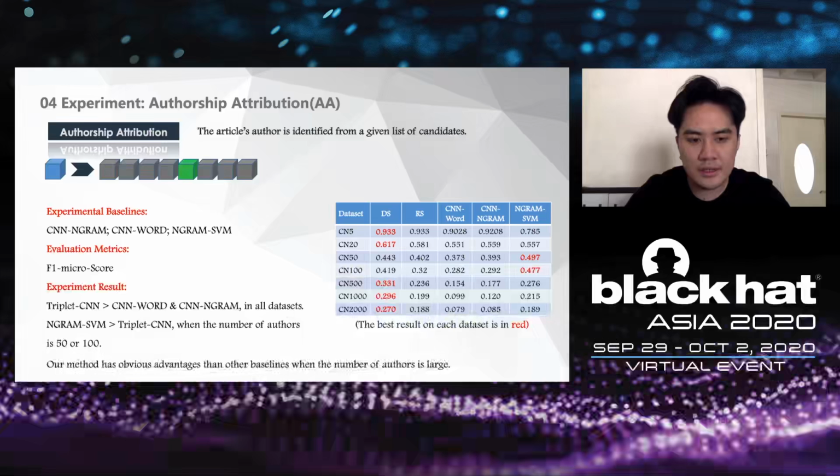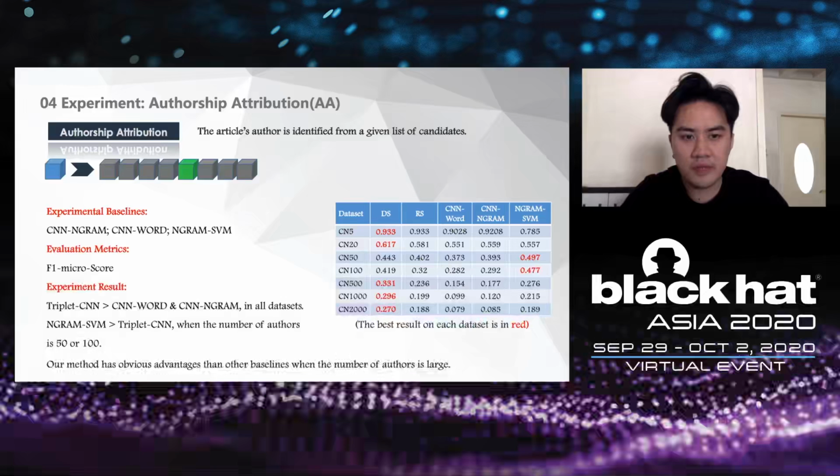You can see here that our model is over CNN word and CNN n-gram among all the datasets. Even though n-gram SVM has performed better when the number of authors is 50 and 100, our method has an obvious advantage over other baselines when the number of authors is large.